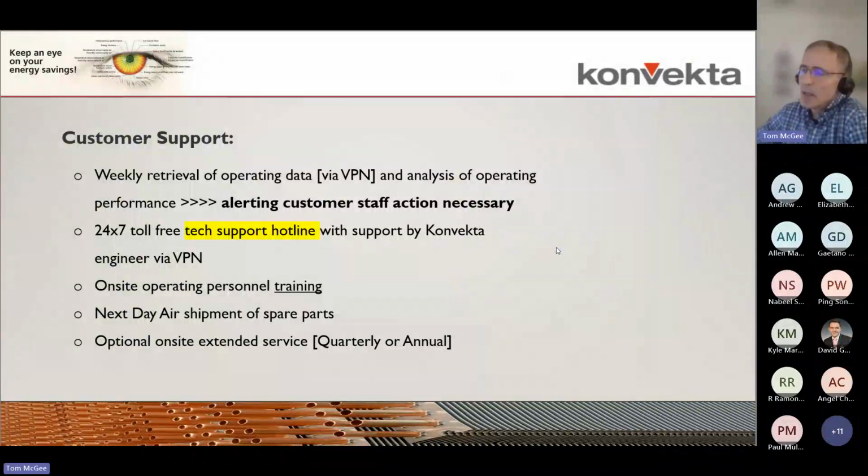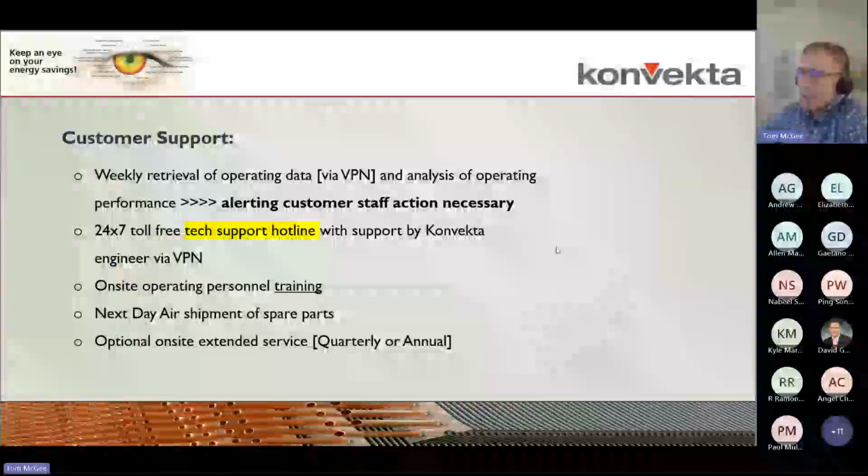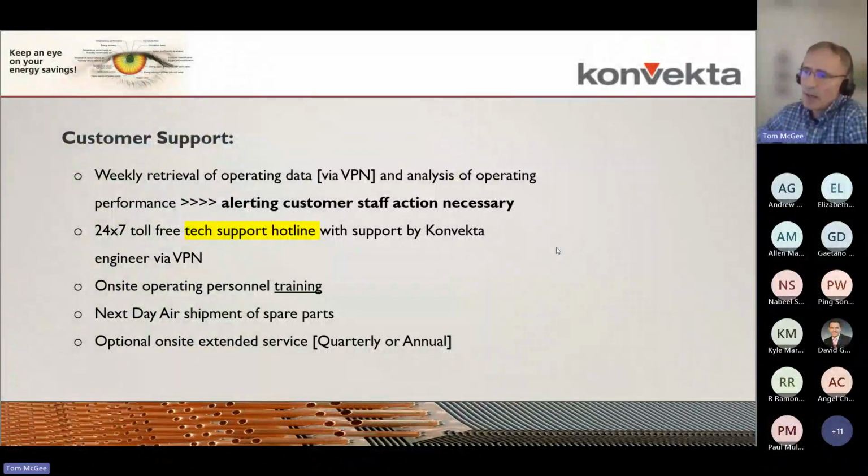In terms of support in general, I talked about that toll-free, 24/7 line. There's a variety of other support elements that we provide, including a spare parts inventory at a facility outside of Atlanta, Georgia, that we can typically ship next day air to any place in the country.